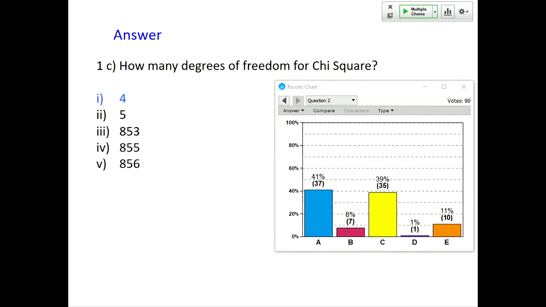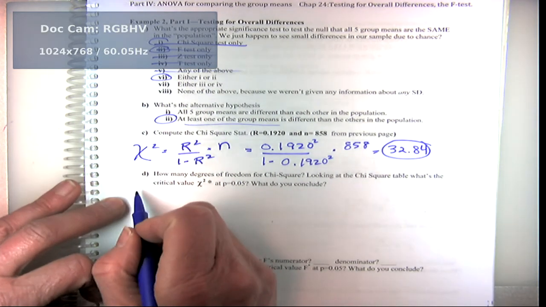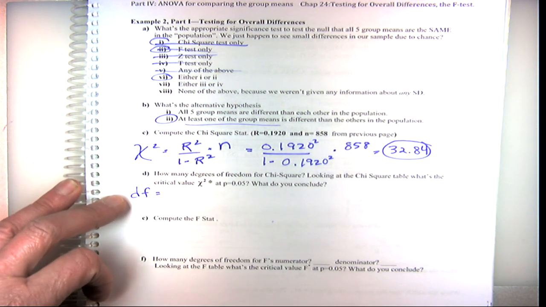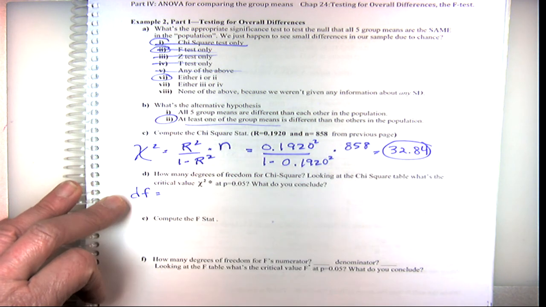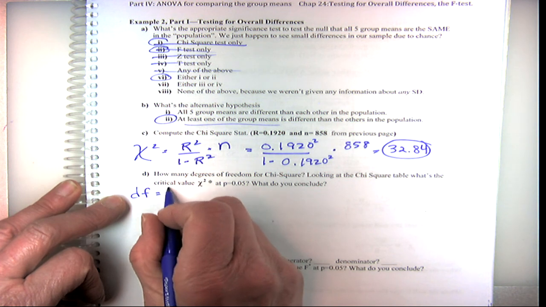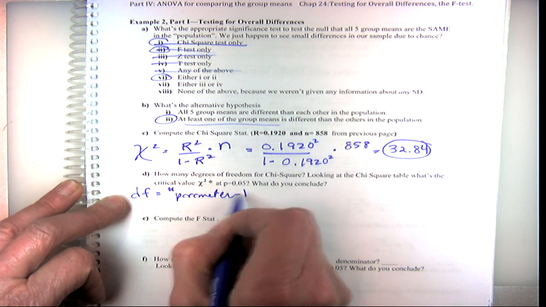So let's go over to the document camera. The degrees of freedom for the chi-squared is always equal to, nothing to do with n, the number of parameters minus 1. Okay, so in this case, I'll just write it's the number of parameters minus 1.